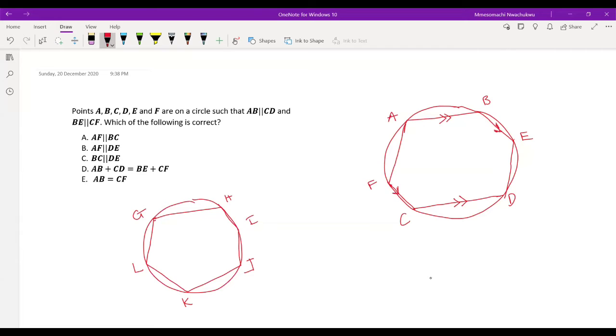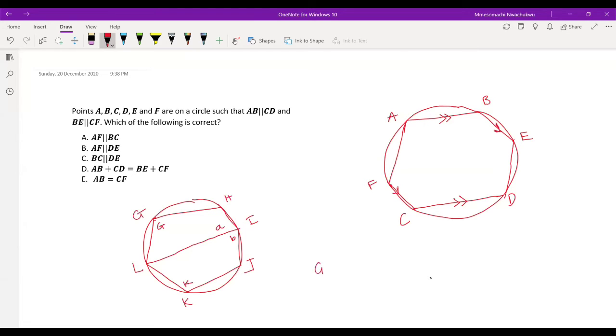What are the things we can note? We can divide it into two cyclic quadrilaterals. So this angle here, G, and let's split the angle at I into two, A and B, and then this angle here, K.